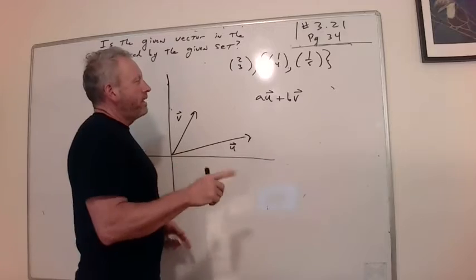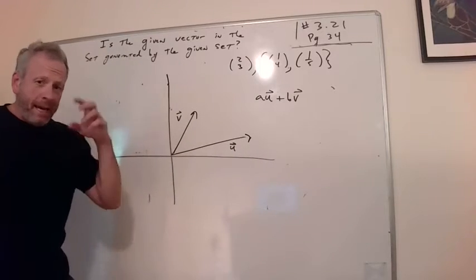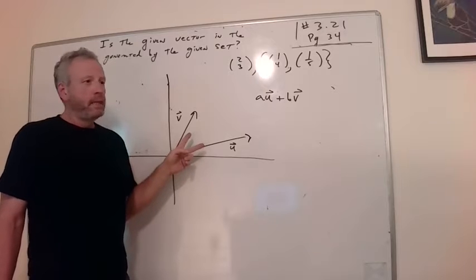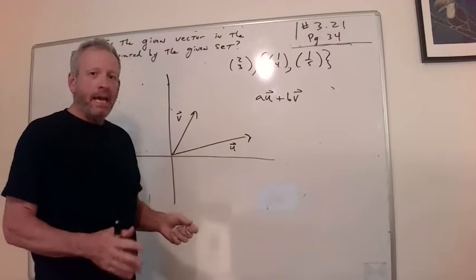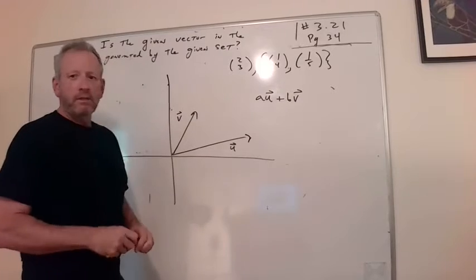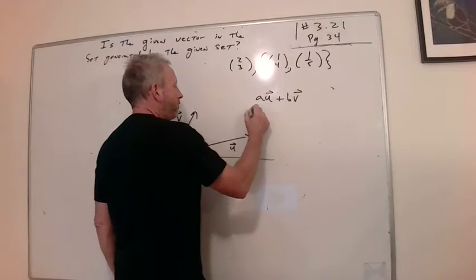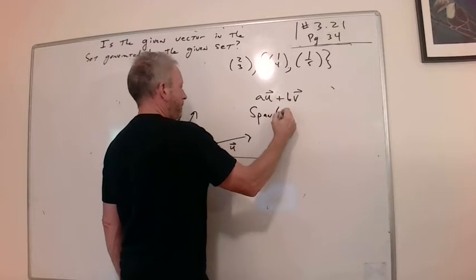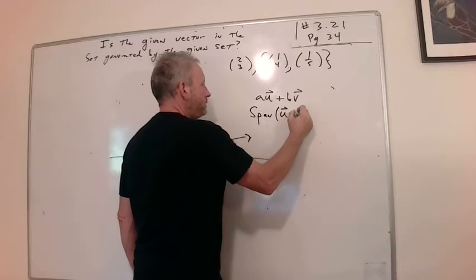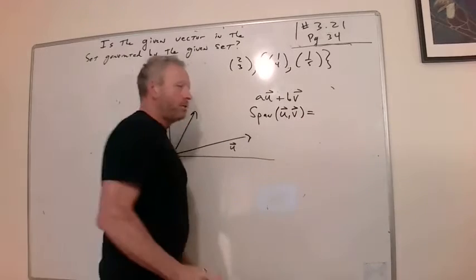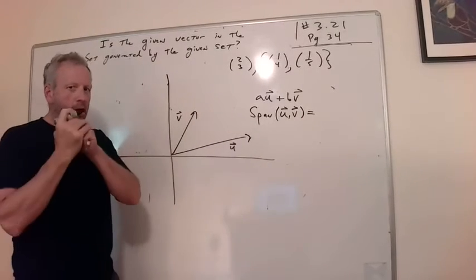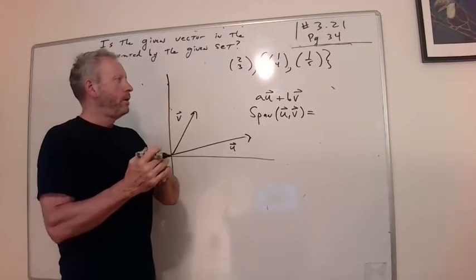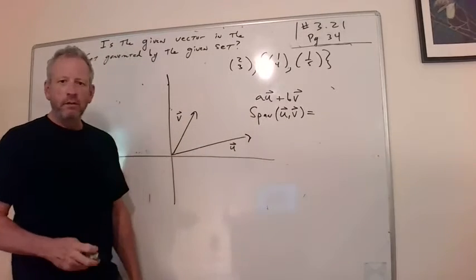The set of all vectors that can be constructed by a linear combination of two given vectors is called the span, S-P-A-N, the span of these two vectors. Now, how would I write that down? Well, I could write it down a whole bunch of different ways, but the span of the vectors U and V is equal to, like I said, the set of all vectors that can be constructed with a linear combination of those two vectors.